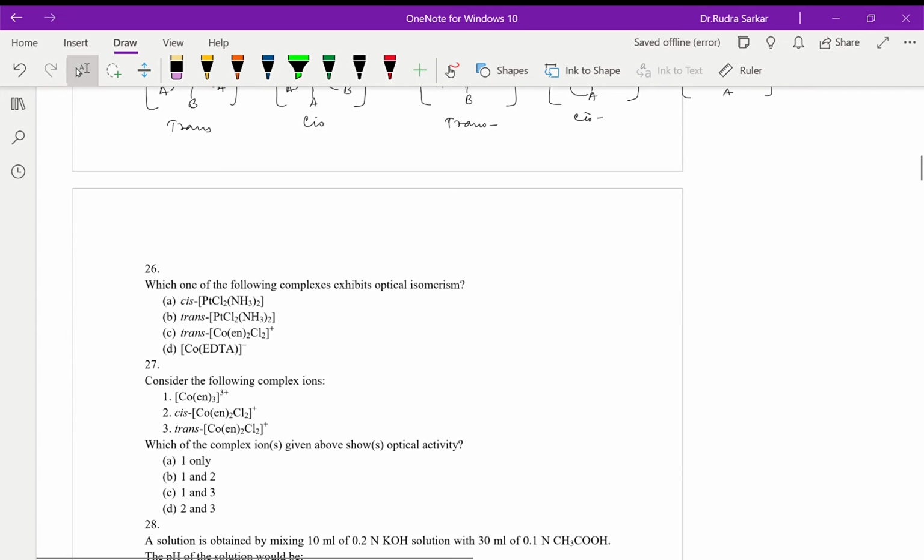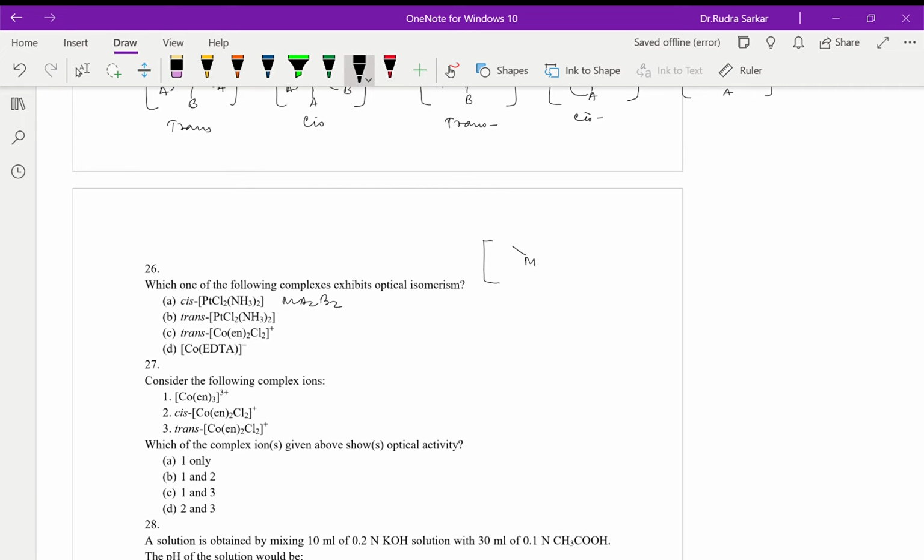Question number 26 says, which one of the following complexes exhibits optical isomerism? For A, which is cis, my arrangement is of the type MA2B2 square planar.